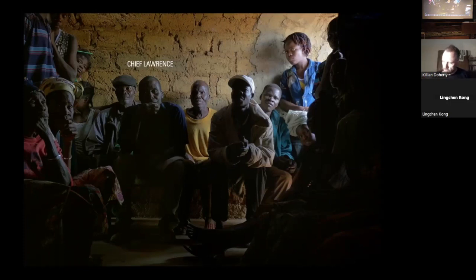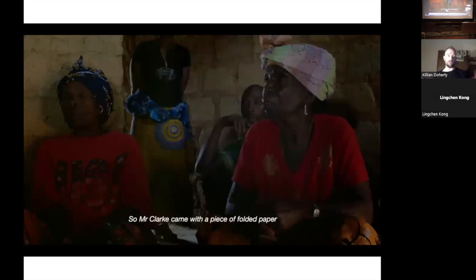But also, they were understandably very suspicious of us, given the kind of history of Sandy Clark, the Scottish geologist who arrived 40 or 50 years previous in a helicopter and hands them a white piece of paper. We were using, I don't know if you know about free, prior, informed consent.